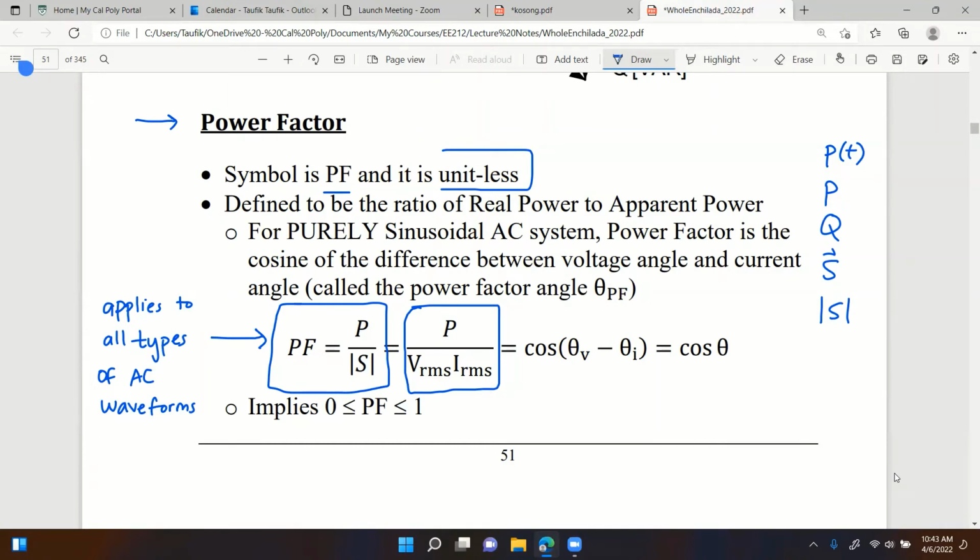Now, for this class, we strictly will be using sine wave for AC power calculations, not for RMS calculation, but for AC power calculation. For this type of power, we're going to use sine wave. Then there is a special case equation for sine wave, right?